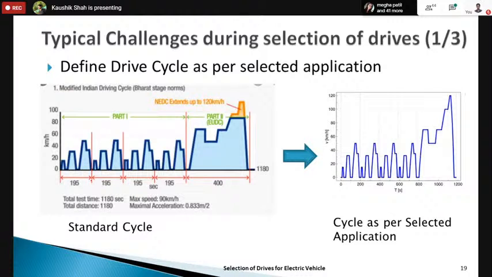All of this is required as a practicality. If you do not do one of these parameters properly, you will definitely fail later. This is the typical challenge in selecting application related parameters and defining your drive cycles.